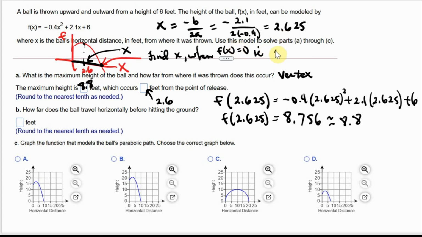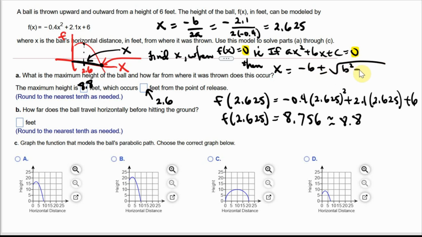You remember it said that if ax squared plus bx plus c is equal to 0, what 0 is that? That's that 0 there. Same thing. Then x can be found by that formula. X is equal to negative b plus or minus the square root of b squared minus 4 times a times c all over 2a.